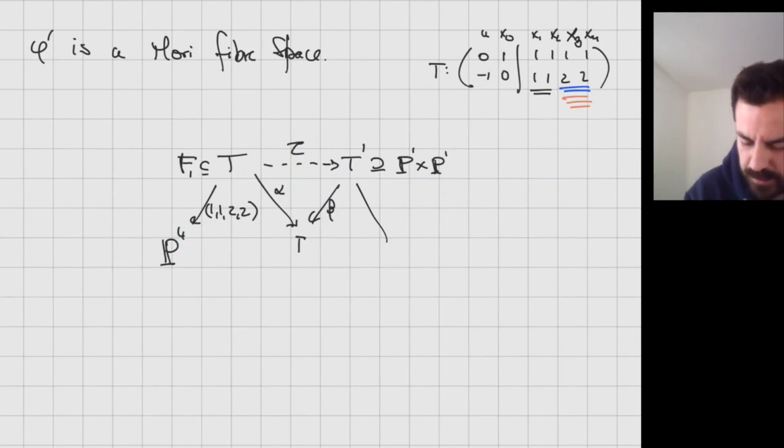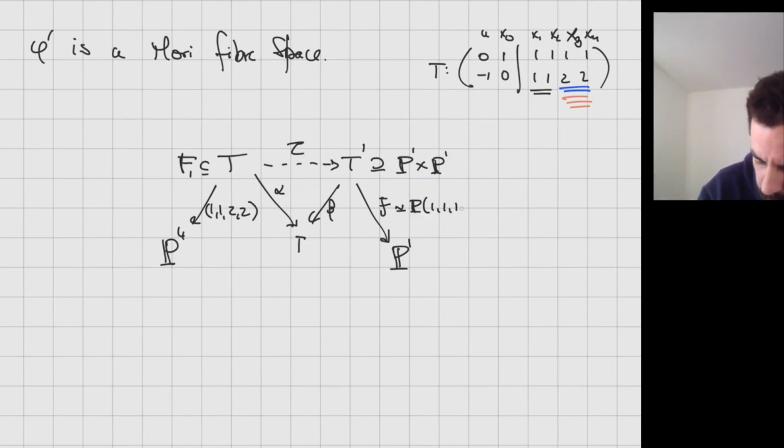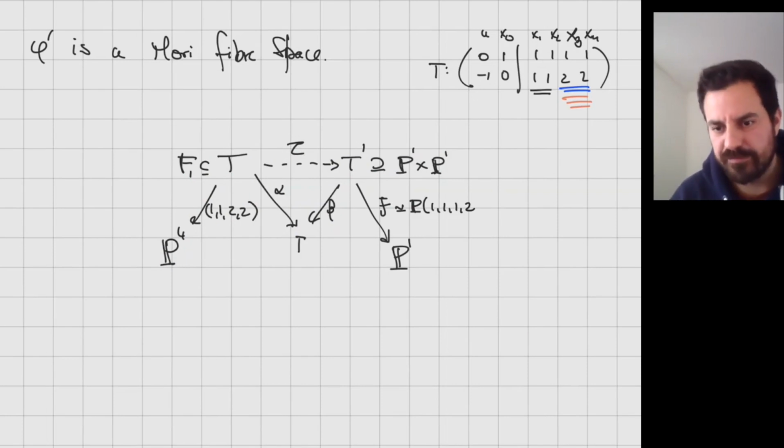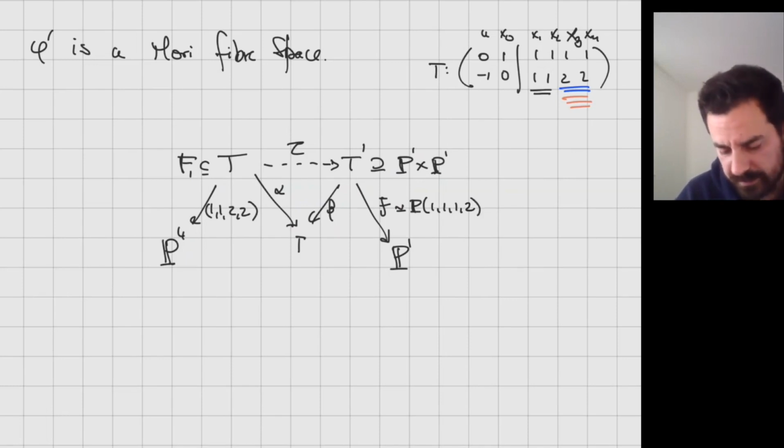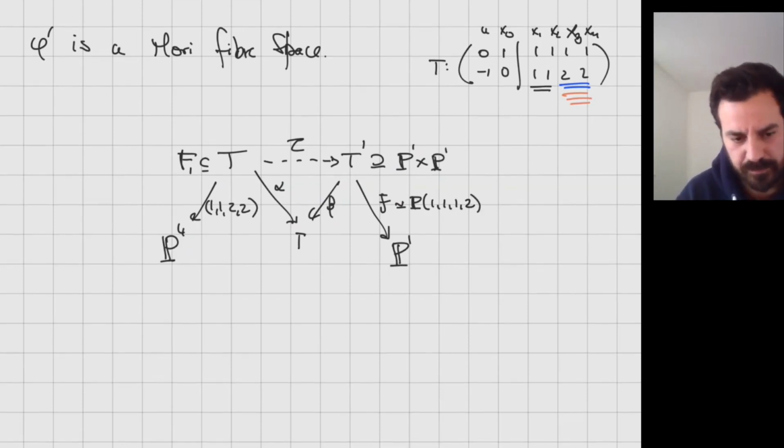Just to have the complete picture, this is what you have now: the base is P1 and the fiber is P(1,1,1,2). So this is a complete link that you have from P4, starting with a very particular guy, a 1, 1, 2, 2 weighted blowup.